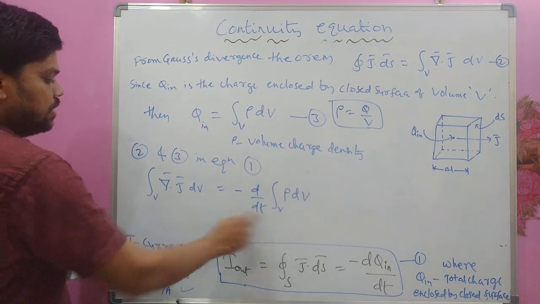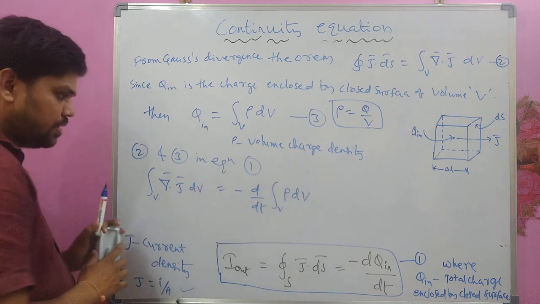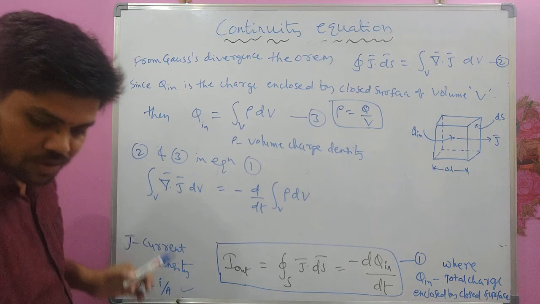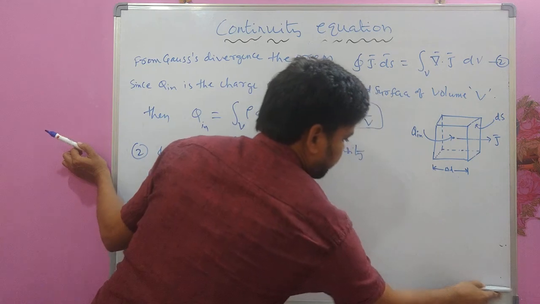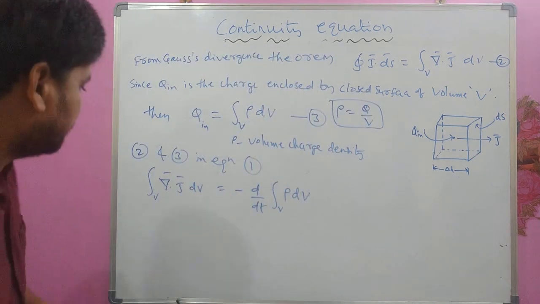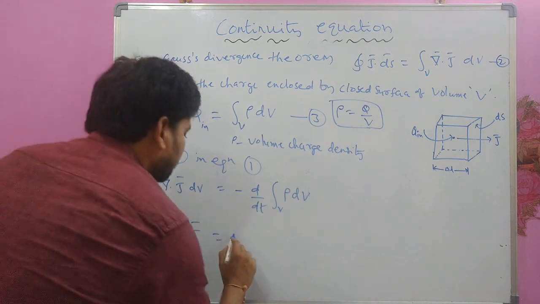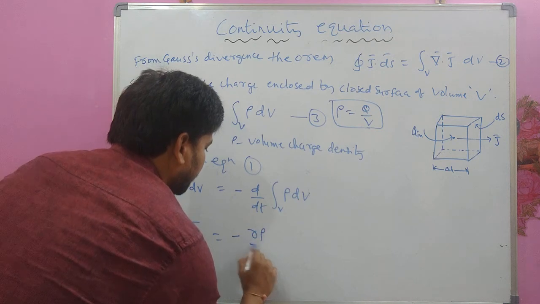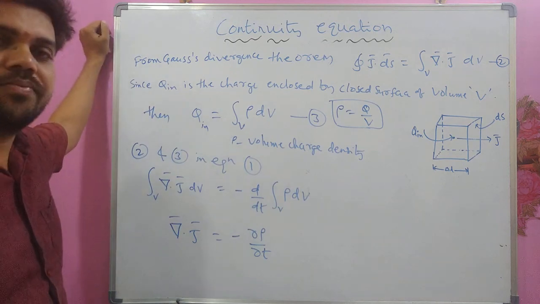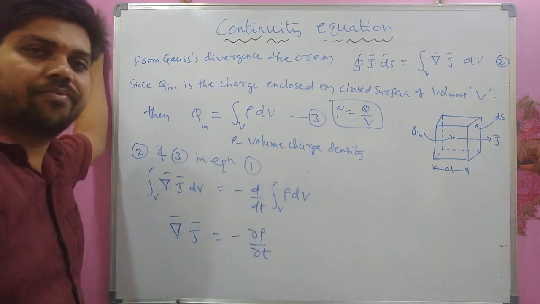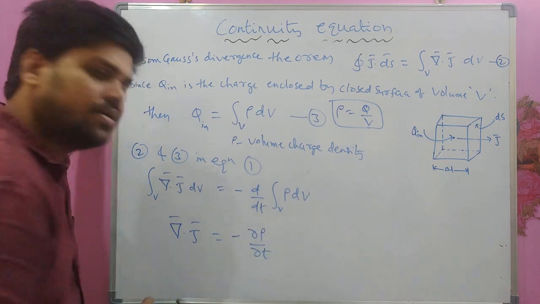Both sides we have volume integrals, and integration is with respect to volume, and hence we can write that del dot J is equal to minus dou rho by dou t. See, for one variable d by dt is equal to dou by dou t.